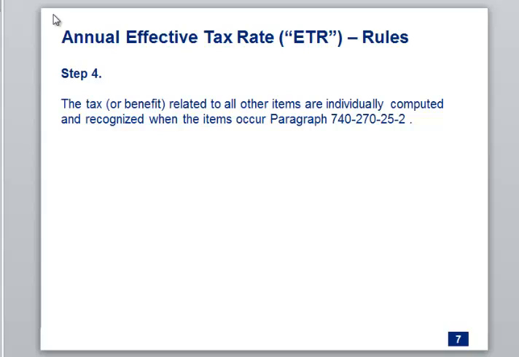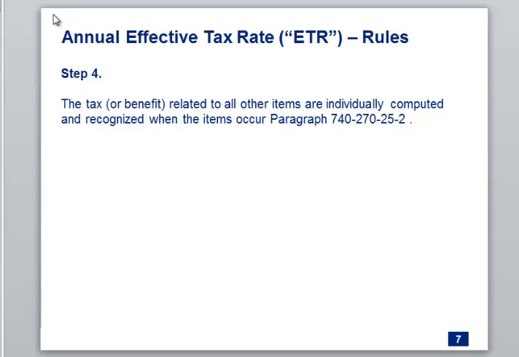Okay, so the term discrete will mean we book them in the quarter that they happen. Right? So a perfect example was with Nina's company, the R&D credit got reenacted. Right? That has nothing to do with the business. We couldn't have forecast that. So that happened out of the blue. They don't build that into their annual effective tax rate. They just book that kind of weird one-time thing in the quarter it happened. So that's why their rate for Q1 was super low.